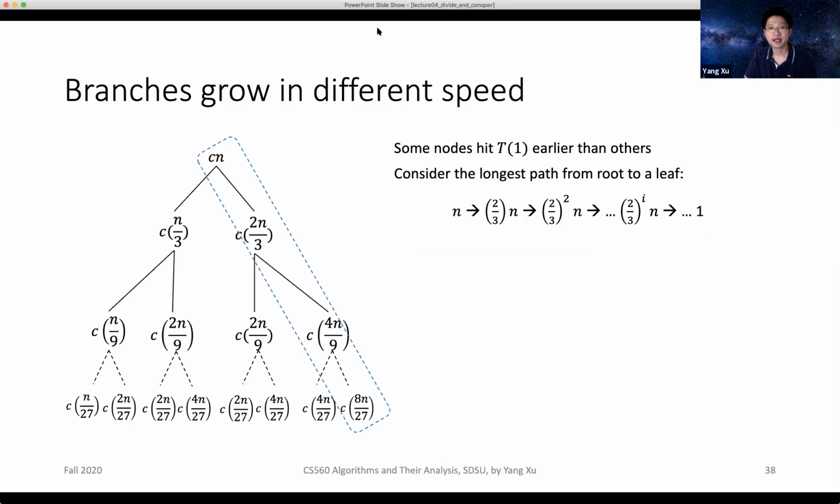When this value hits 1, that's where we hit the bottom level, right? When this value hits 1, the depth is the logarithm base 3/2 of n. So that is the depth at which the rightmost branch hits the smallest case, okay?